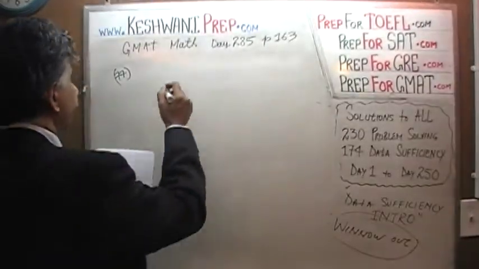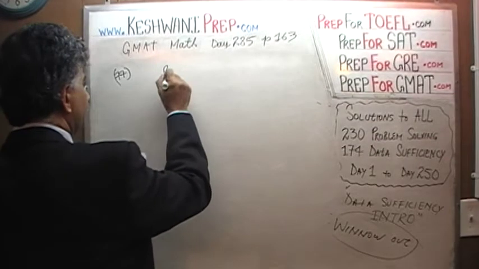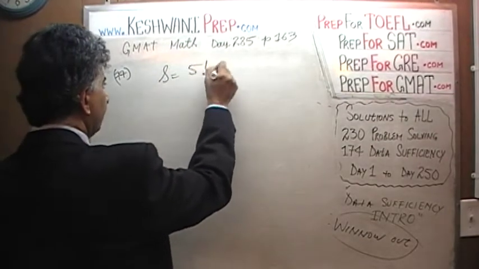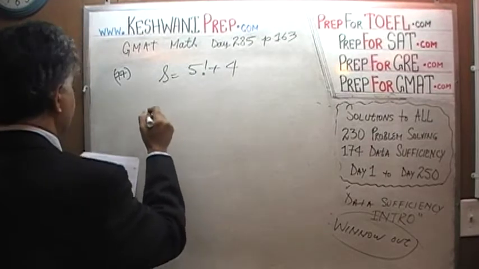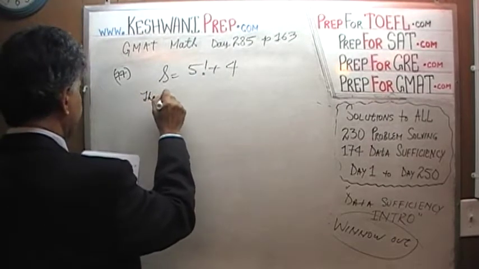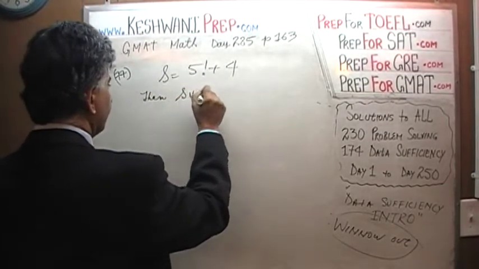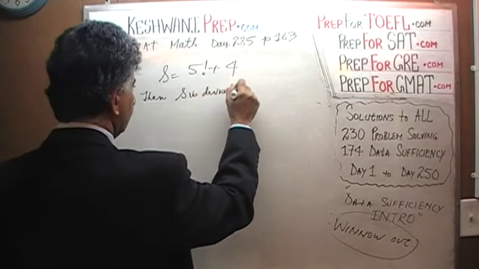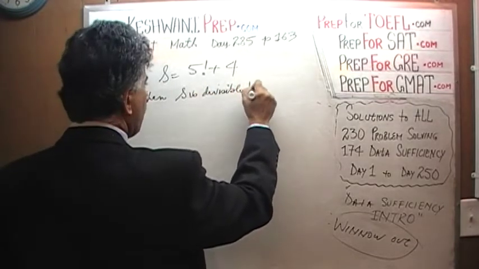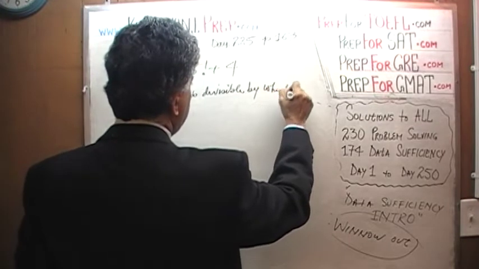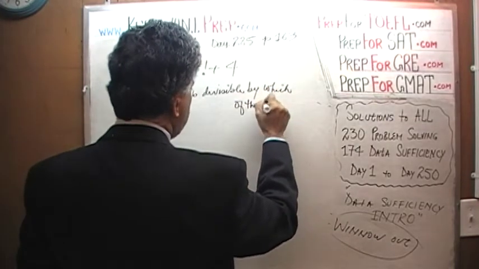Here's the problem. We are told that s equals 5 factorial plus 4. The question is, s is divisible by which of the following?